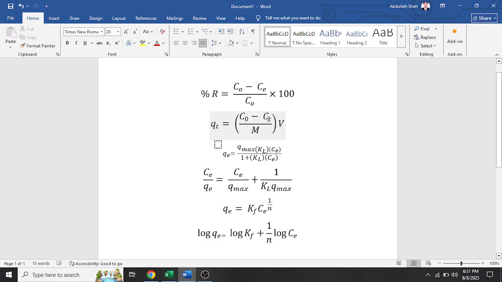So if we put the equilibrium concentration in this place, we will get the QE, equilibrium uptake. So Q is equal to C naught minus Ce, divided by m, into V. This is the volume of the solution, this is the mass of the adsorbent. So this is the equilibrium uptake, and the Ce value is obtained from the spectrophotometer.